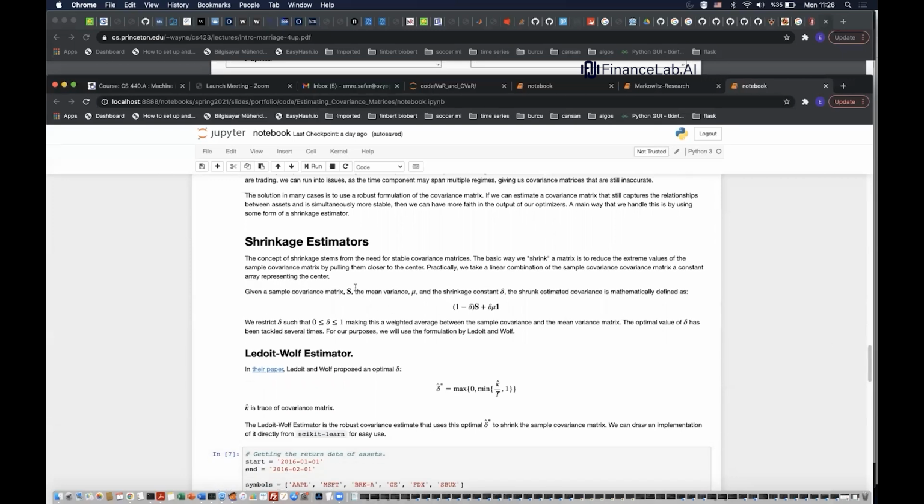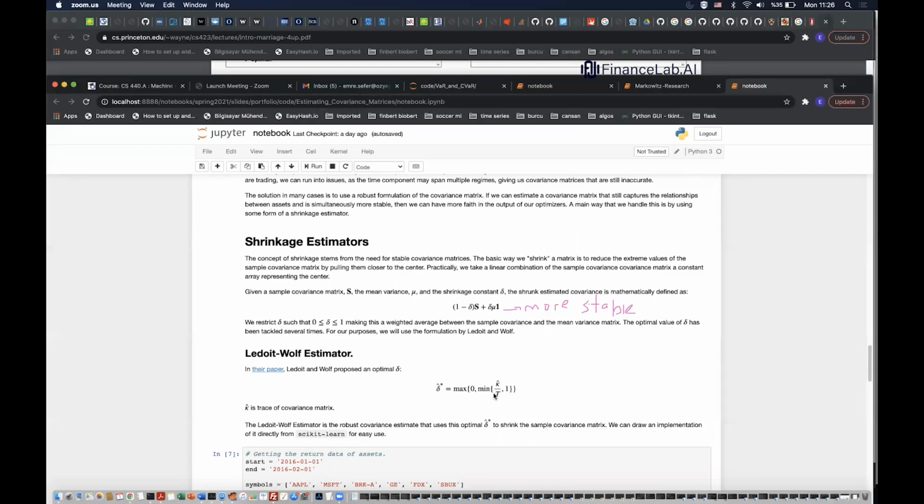If we are given a sample covariance matrix S, and we have the mean variance of these returns, here mu, we define a shrinkage constant epsilon and take 1 over epsilon times S, plus the remaining part from the mean variance. In this case, we define a new covariance matrix, which tends to be more stable. We use this more stable covariance matrix in our portfolio optimization in Python.